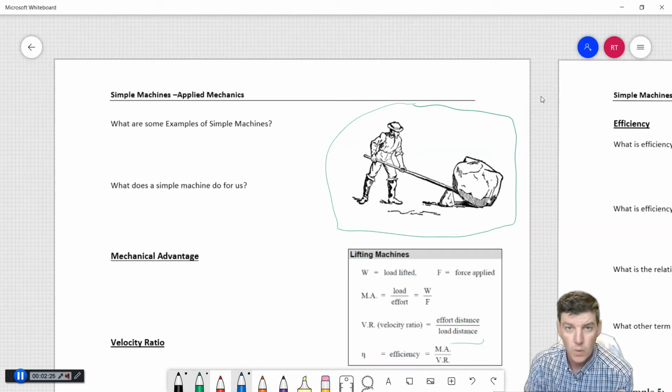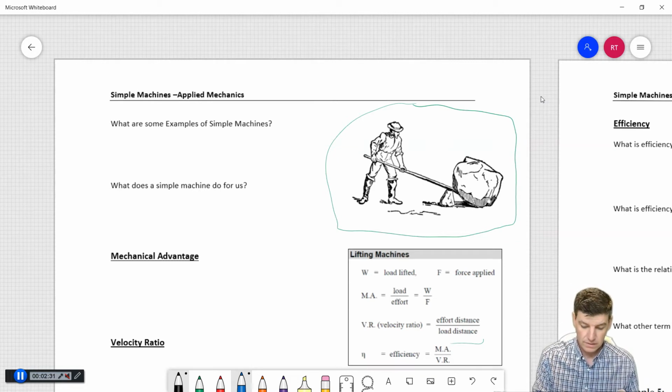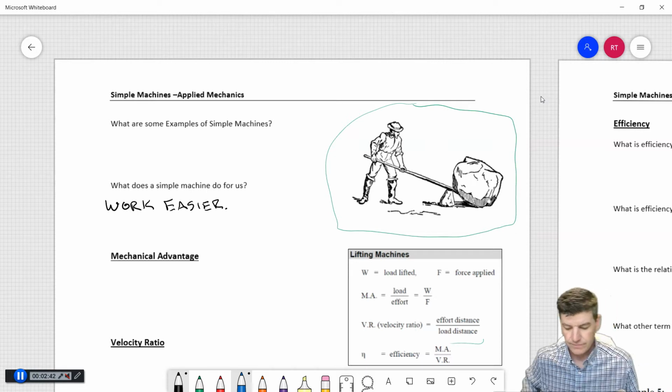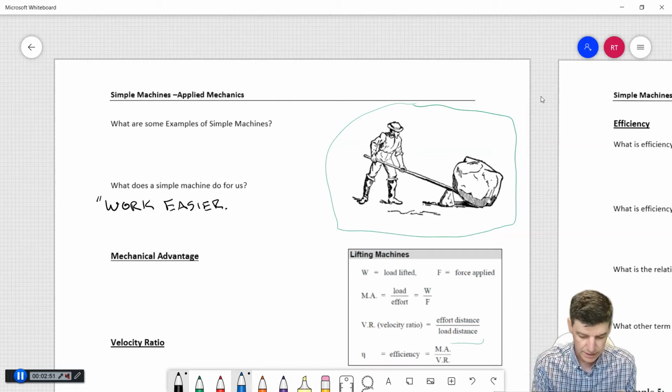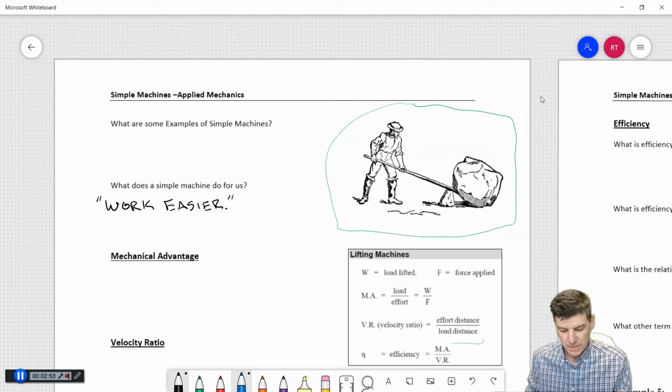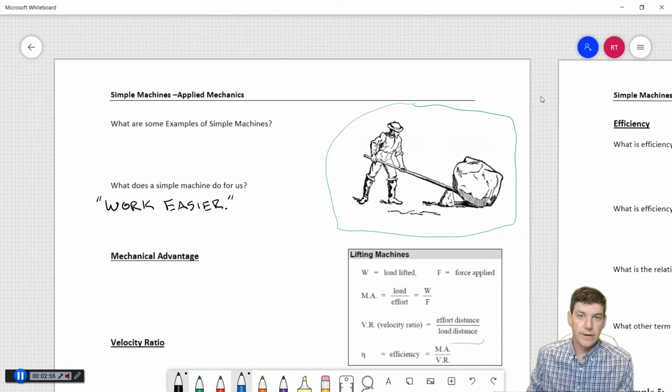So we have a whole bunch of different simple machines. And if we think about what a simple machine does, often what a student might say is that it makes work easier. Okay, it's not 100% true, that definition. It may seem like it makes work easier, but basically what's happening is we're having a trade-off.